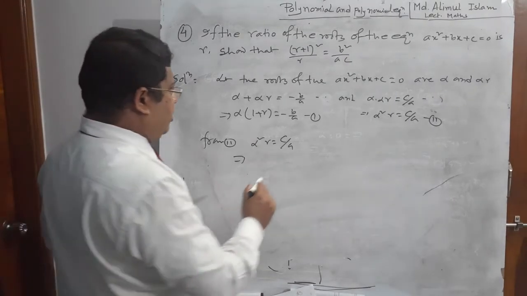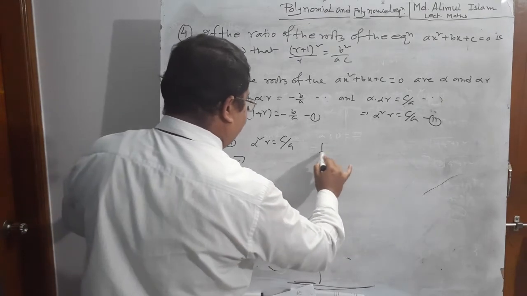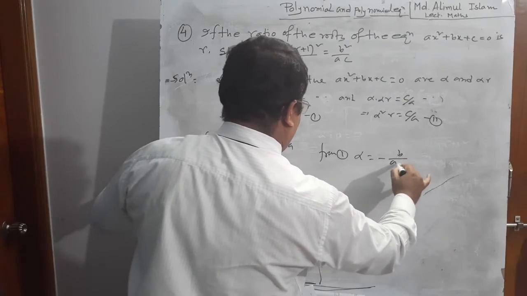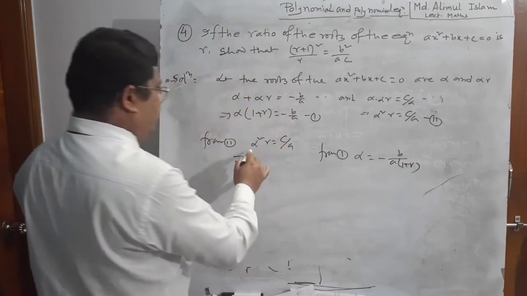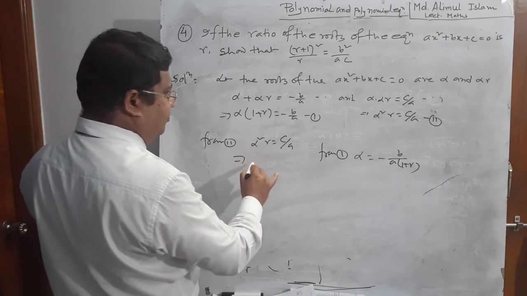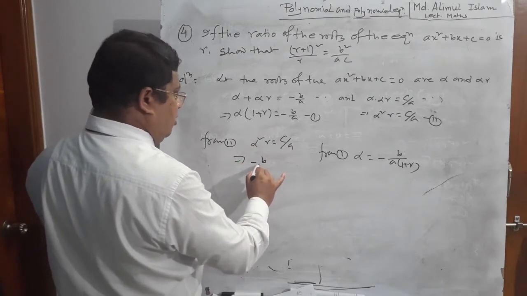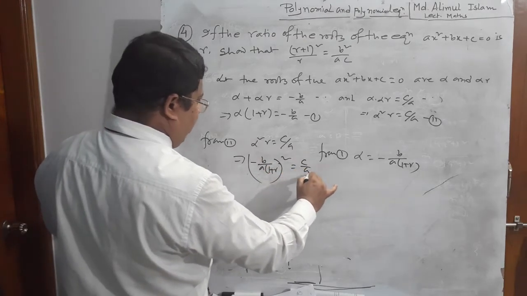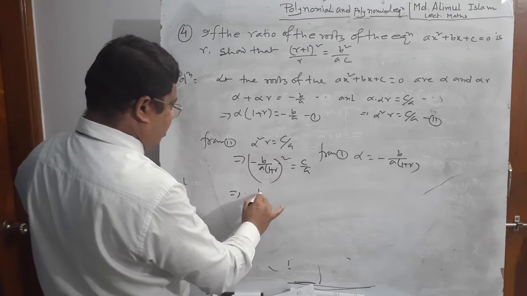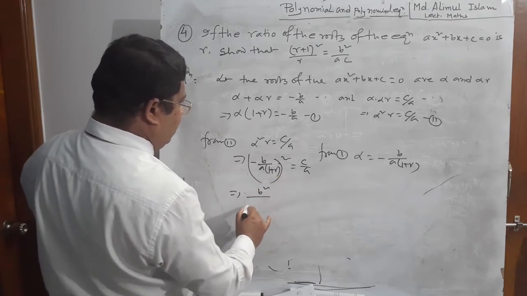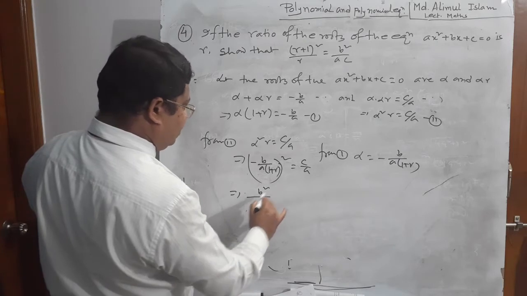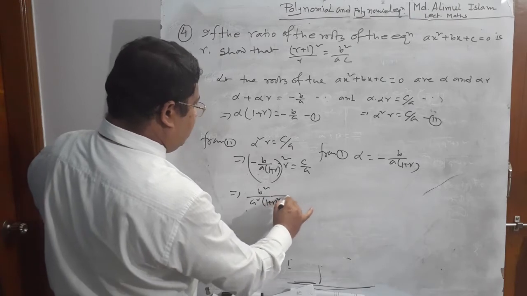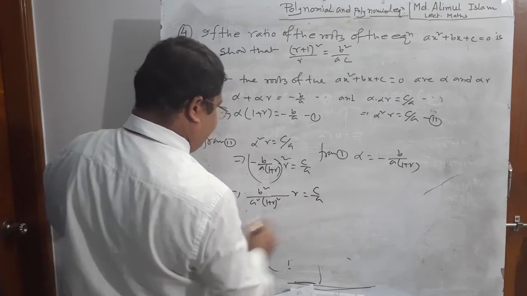You write from 1, you can write alpha is equal to minus b by a into 1 plus r. You put the value of alpha in here, minus b by a into 1 plus r whole square into r is equal to c by a. Then write b square by a square, 1 plus r whole square into r, is equal to c by a.